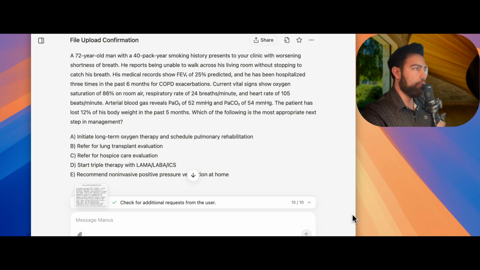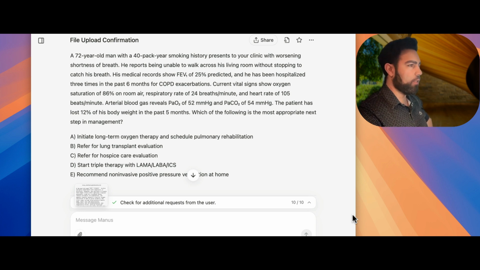This is a 72-year-old man with a 40-pack-year smoking history. He presents to your clinic with worsening shortness of breath. He reports being unable to walk across his living room without stopping to catch his breath. His medical records show his FEV1 is 25% predicted, and he has been hospitalized 3 times in the past 6 months for COPD exacerbation.